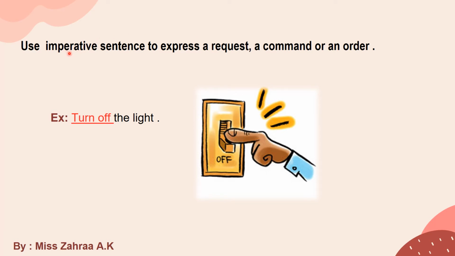We use the imperative to express a request, a command, or an order, such as turn off the light. Turn off the light. This is an imperative form, where I ask a person or several people, I order them to do something. So turn off the light. We notice turn off is a verb, the sentence starts with a verb. So this is an imperative sentence. Turn off the light.